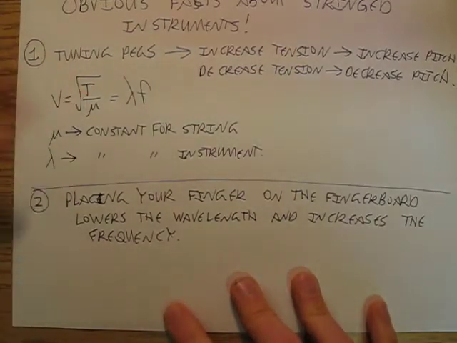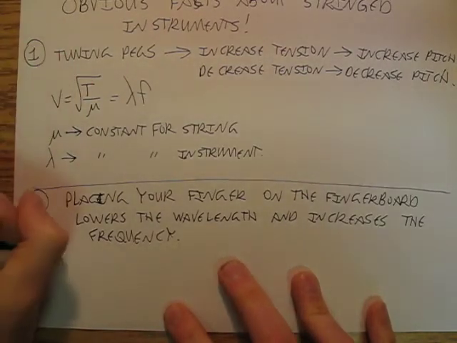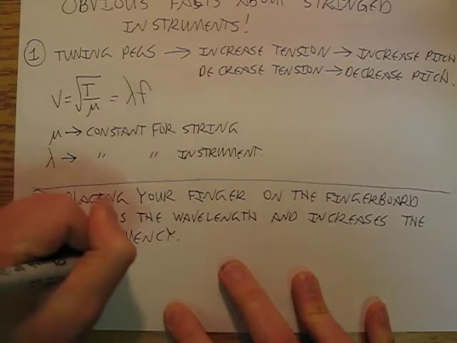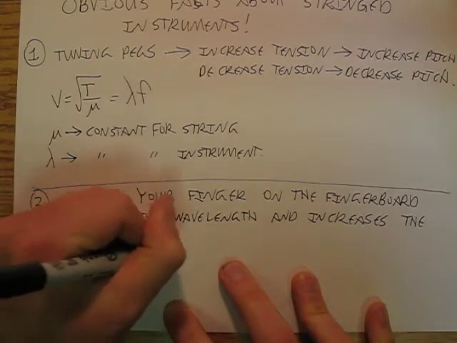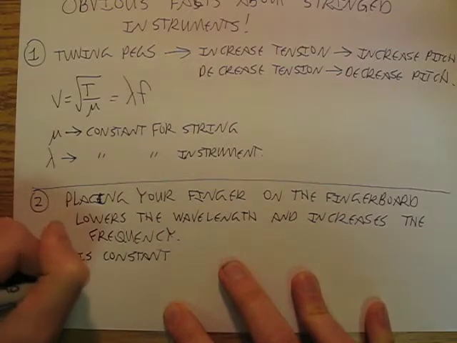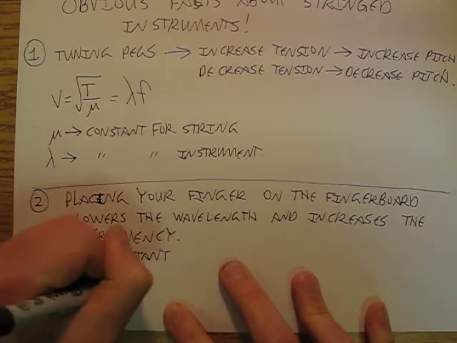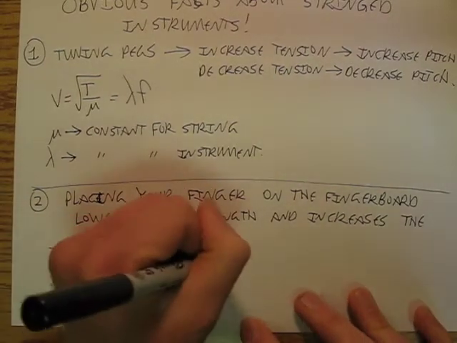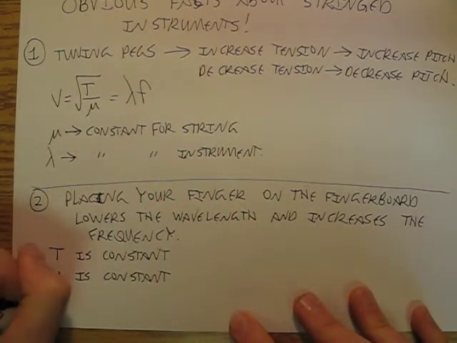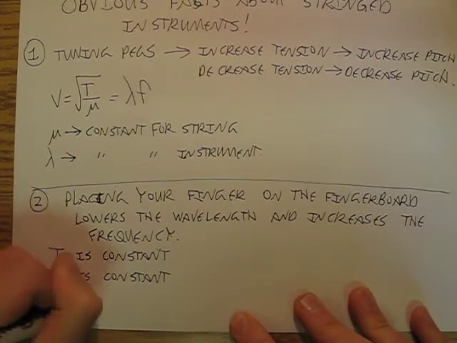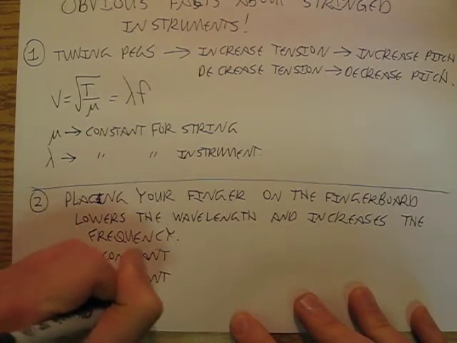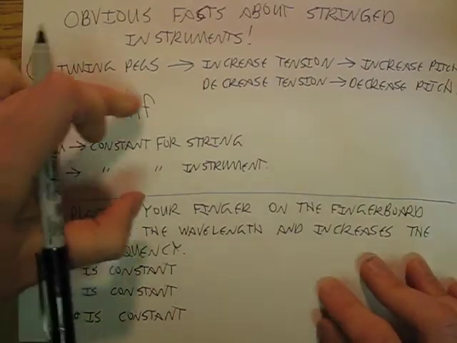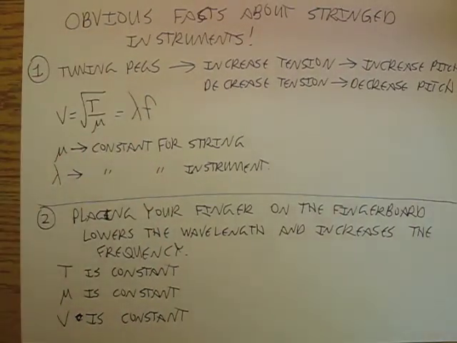And again, in that case, T is constant, mu is constant, and so that means that v is constant, so as I decrease lambda, I increase f.